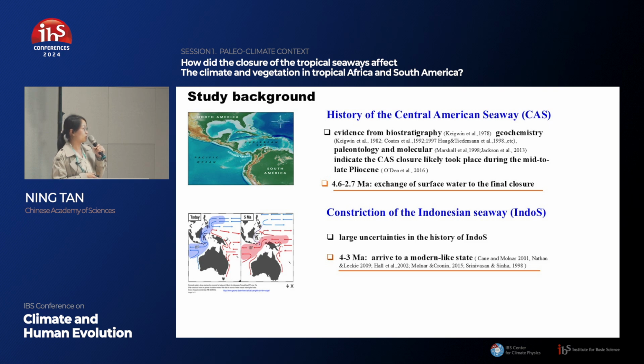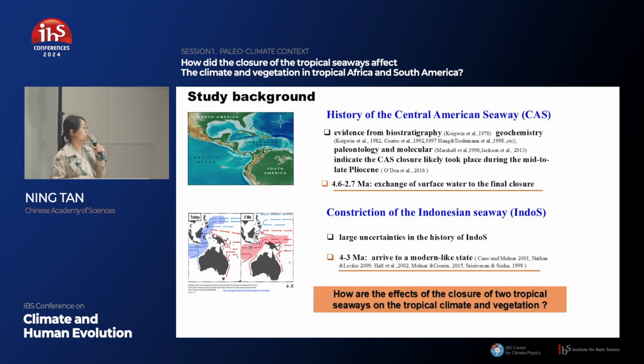So these two tropical seaways are very important for the organization and reorganization of ocean circulation and tropical climate. And their final state occurred in the transition climates during the Pliocene.